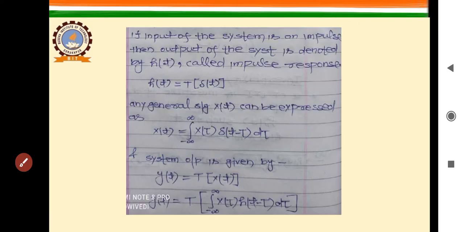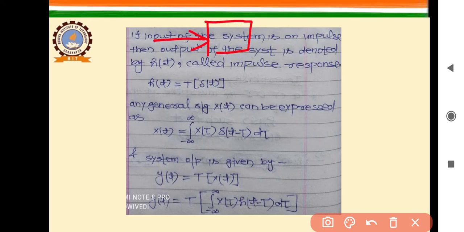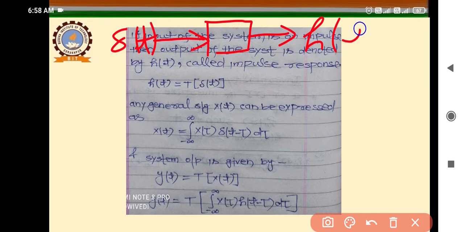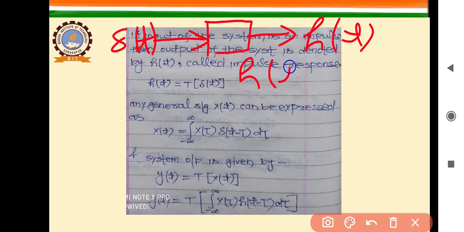Next, if the input of the system is an impulse, then the output of the system denoted by h of t is called the impulse response. This is what is known to us. So if the input of the system is an impulse, then the output h of t is called impulse response, and h of t can be written as the transformation of delta of t by the system.